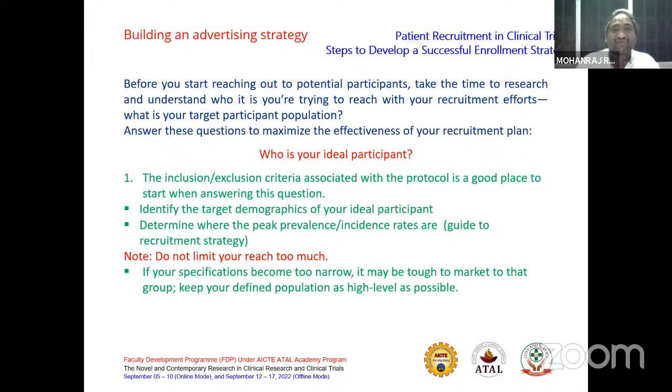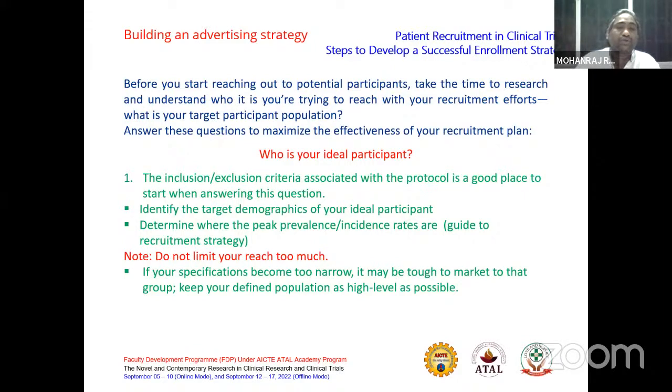Why? Because if the effectiveness of information is good, the understandability and the retention will be more whenever we are communicating effectively. Whenever there is more effective communication with more understanding and retention by the student or patient, the recruitment process is going to be simplified, and we get a good amount of population into our study.